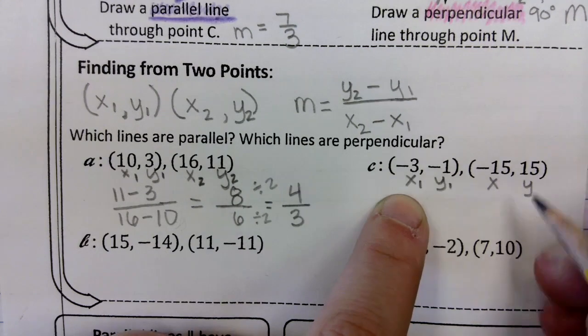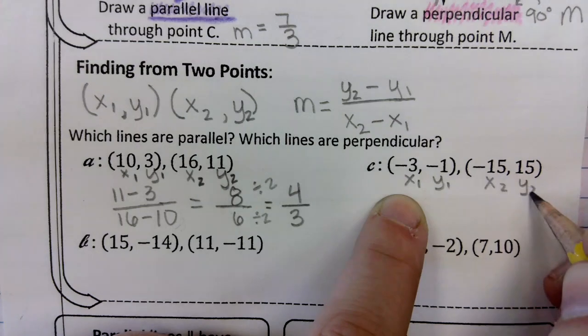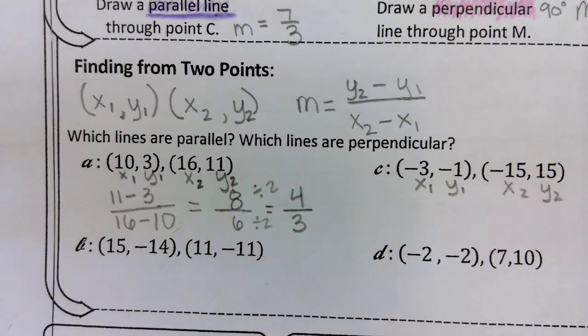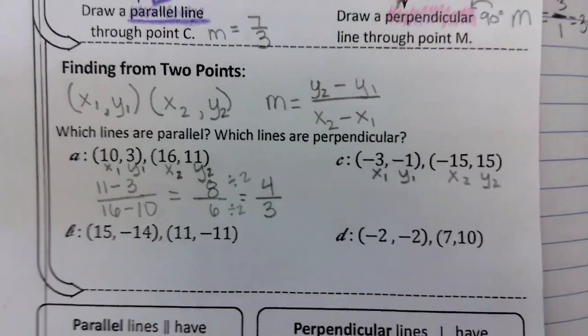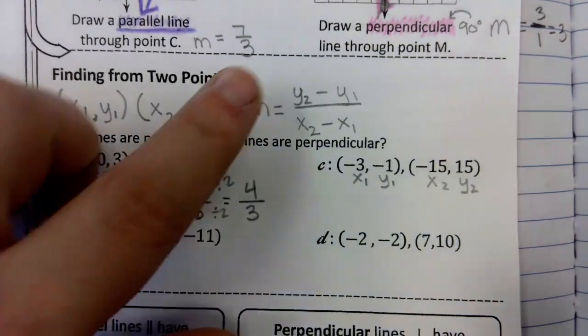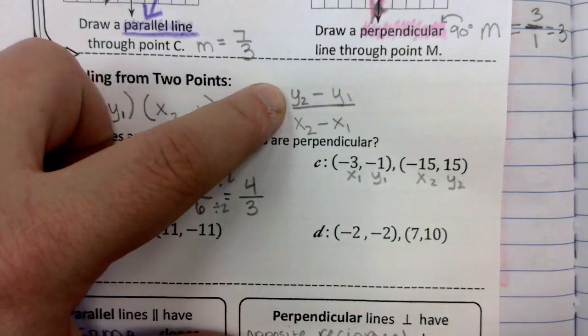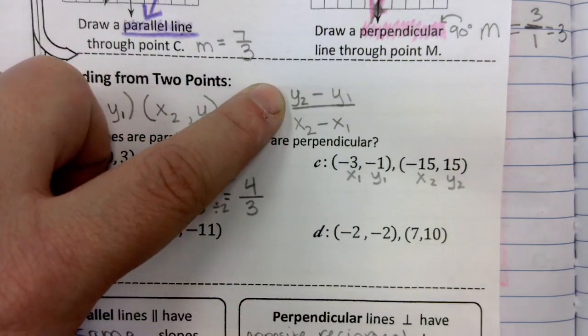Alright, we're going to start with our second y, the y from the second point. So what is the y from the second point? Good, a positive 15 minus, what's the y from the first point?